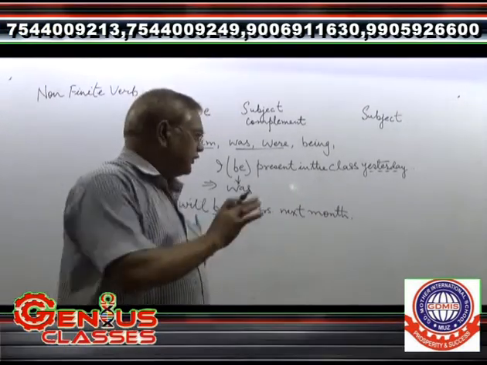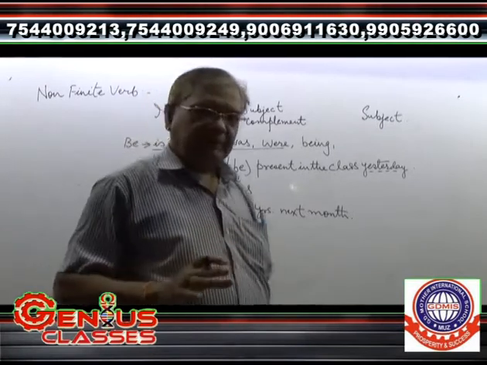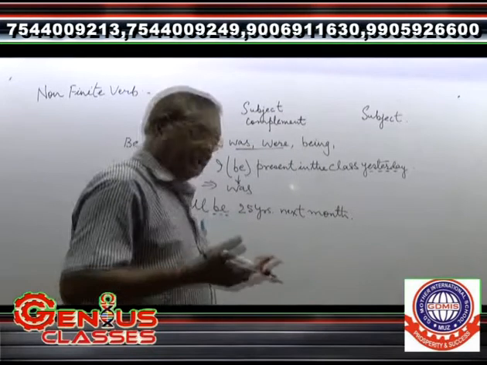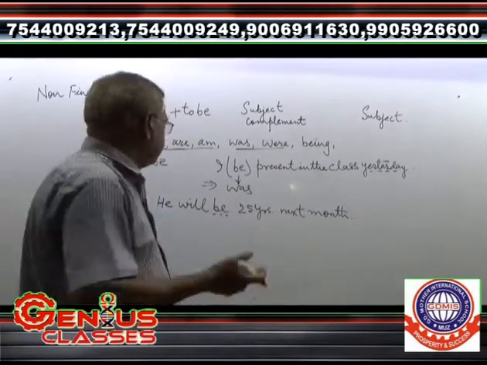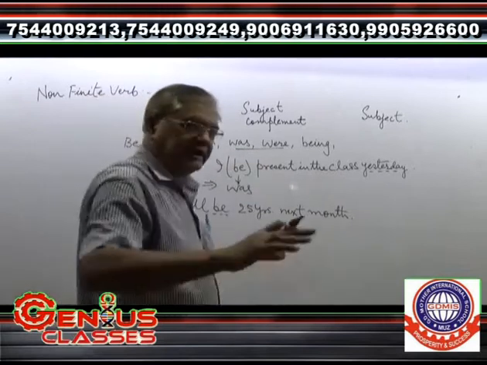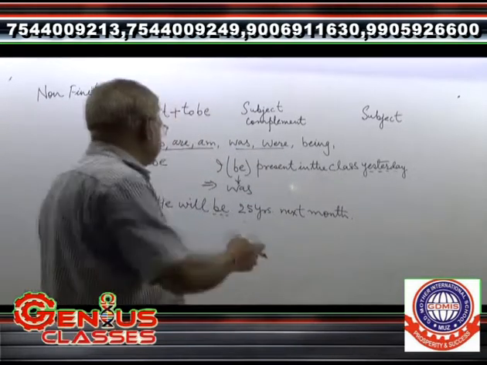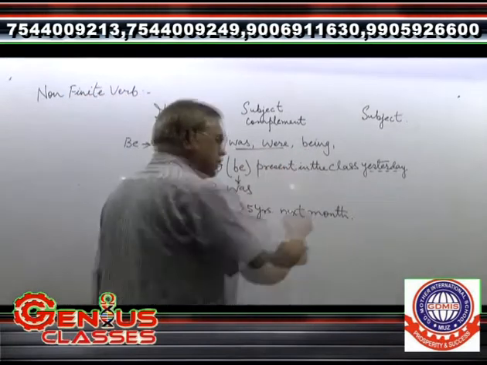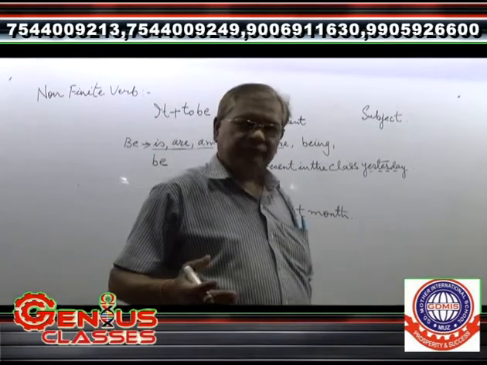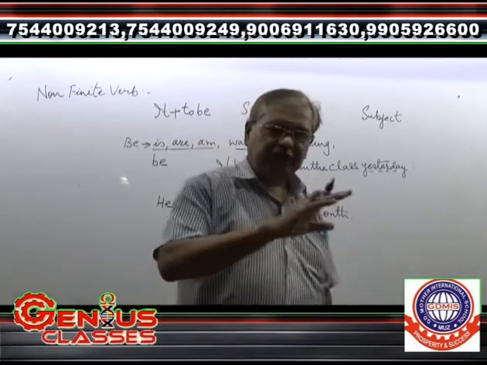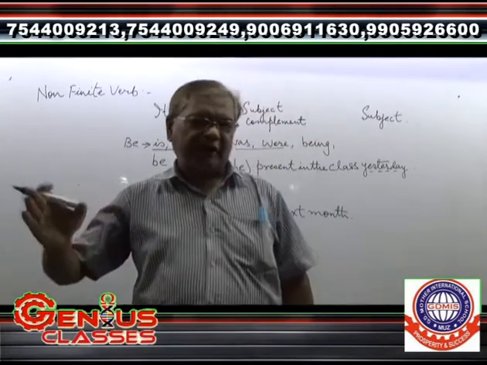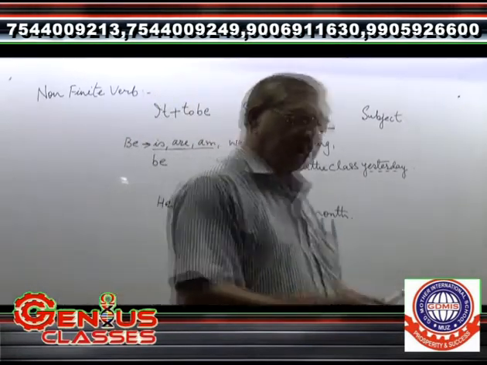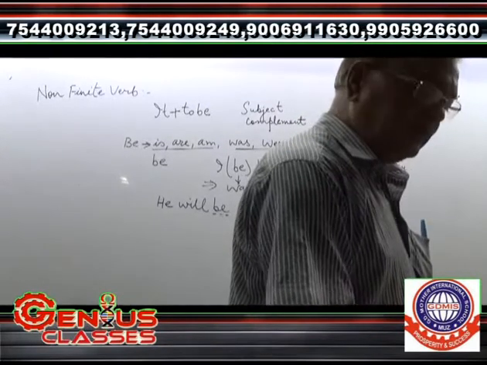So this is the usage of the be. We have to be very, very careful where exactly it should be used. Even from the word be, the verbs are originated. That is from be: is, are, am, then was, were, and being. So according to the tense, the word be is changed into different kinds of verbs. This is extra knowledge that I have given to you.